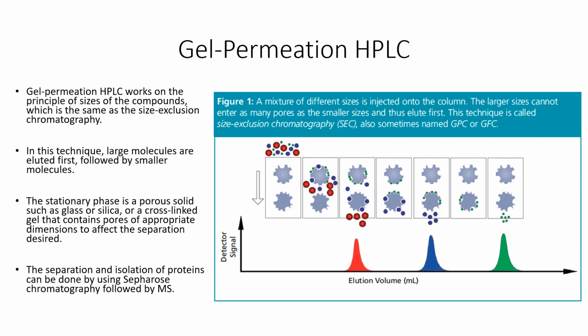The stationary phase is a porous solid such as glass or silica, or a cross-linked gel that contains pores of appropriate dimension to affect the separation desired. So the large molecules will be excluded, so that will elute first, and then the smaller molecules will be last.